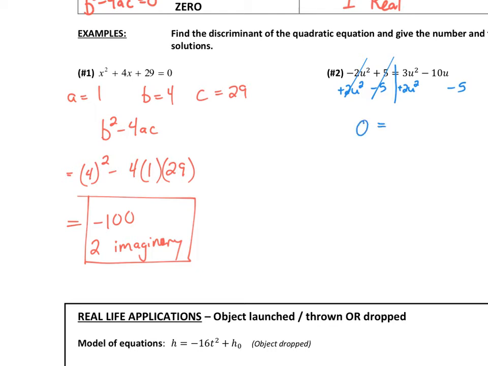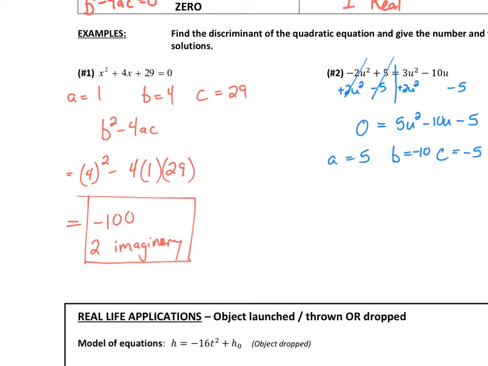So 0 equals 5u squared minus 10u minus 5. So we got to make it equal to 0 first, and then we can find a, b, and c. So a is 5, b is negative 10, and c is negative 5.